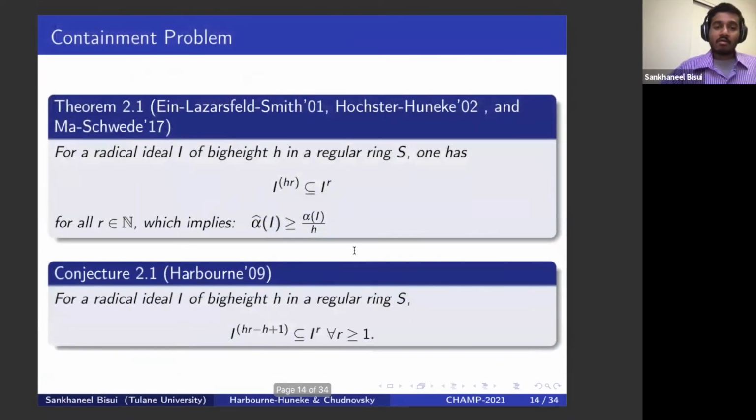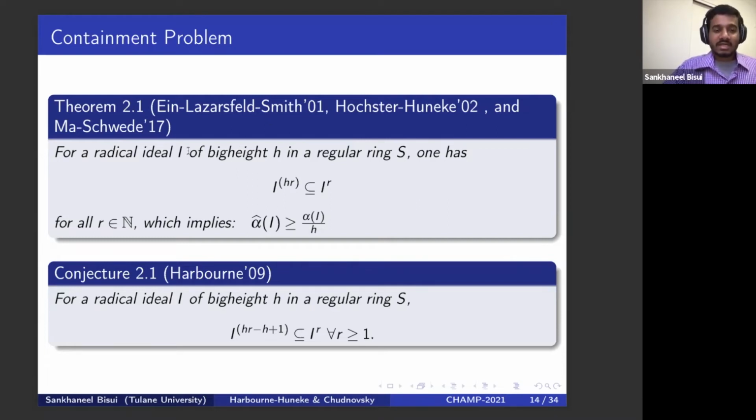Okay. Now our approach to tackle the problem was the approach via containment. Containment illustrates when some symbolic power of an ideal will be inside some ordinary power of the same ideal.